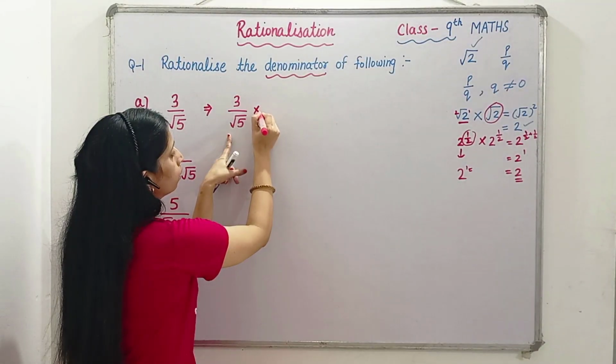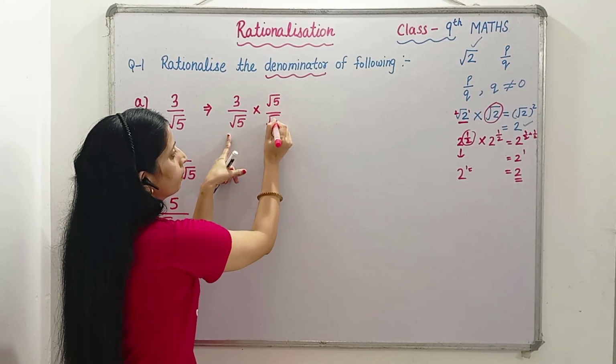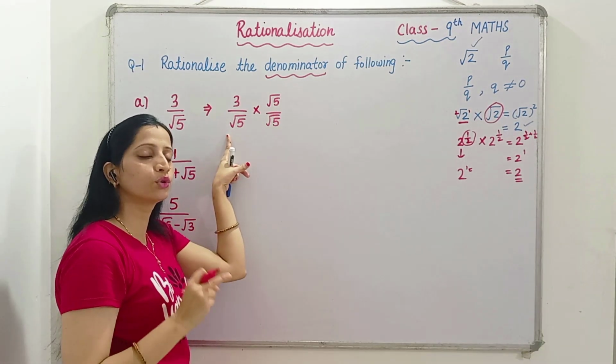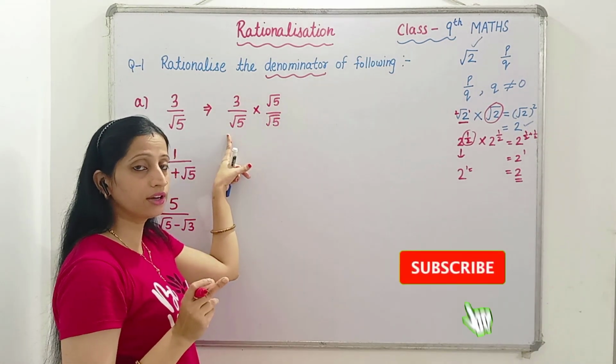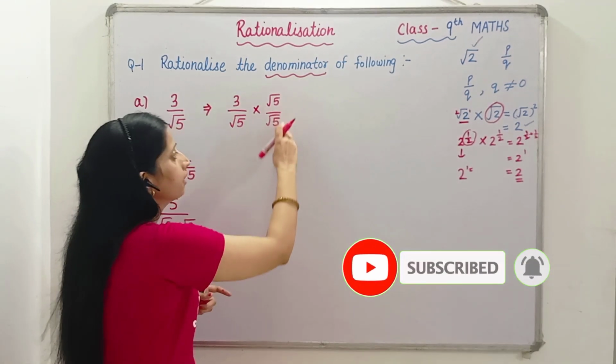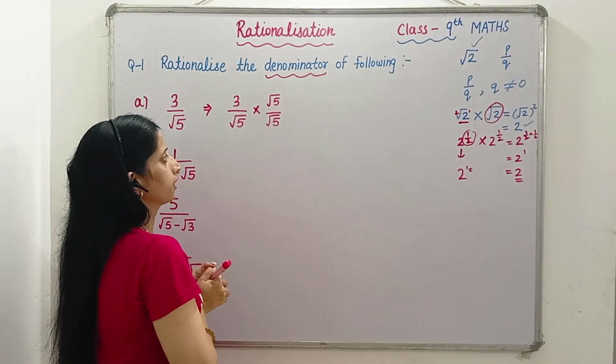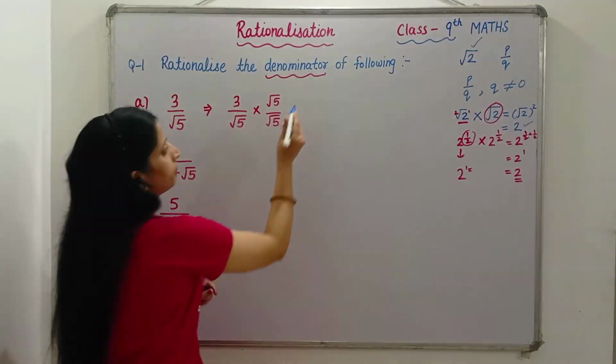But what will we do? We will multiply in the numerator as well as in the denominator, as we used to do to find out the equivalent fraction. And what will we get after multiplication?